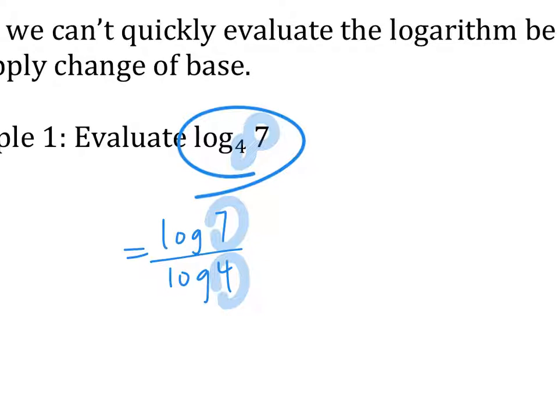And I'm changing it to a common log. Or I can change it to a natural log. It's the same thing. Either way, you would get the same number. I think we did a proof last year, but you can go through a proof to see why the base does not matter, as long as you keep it consistent. But you just have to remember that this is the rule and it works.